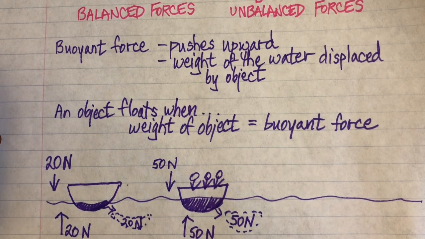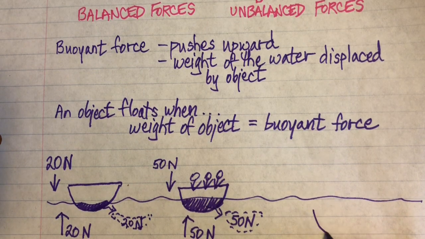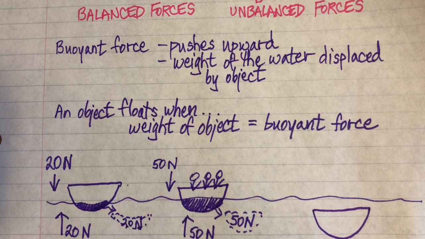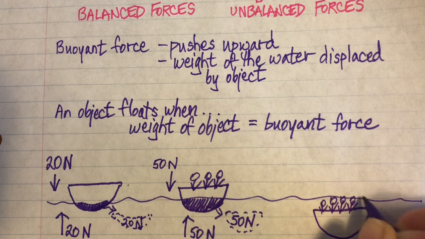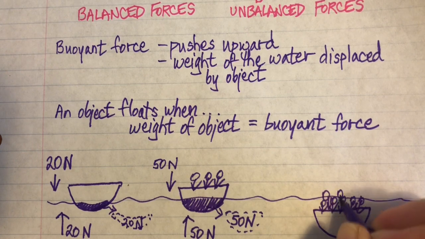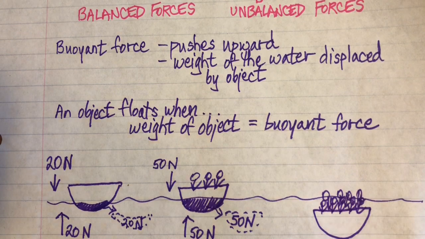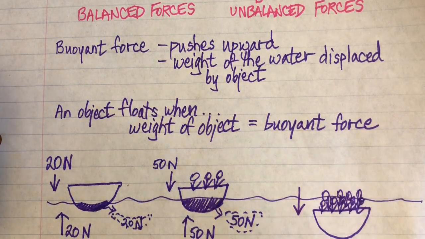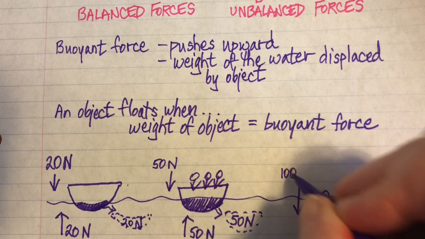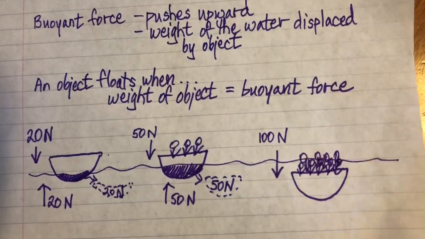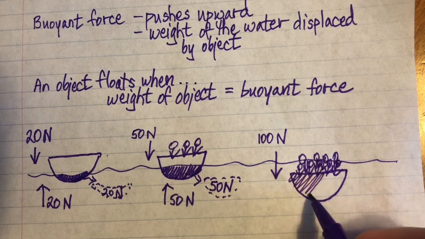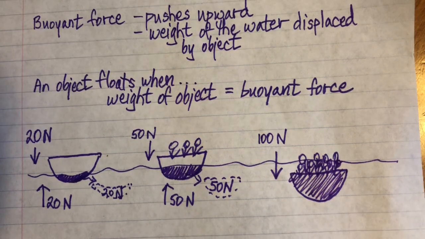Say you added many more friends on the boat and it was just way too heavy, it would sink. So draw the sunken boat, way too much weight from people. And let's say the amount of people on this boat made the weight be 100 newtons pushing down. Here is why things sink sometimes. So right now, the entire boat shape is underwater.